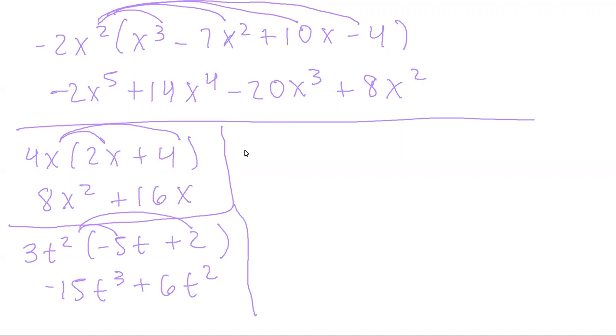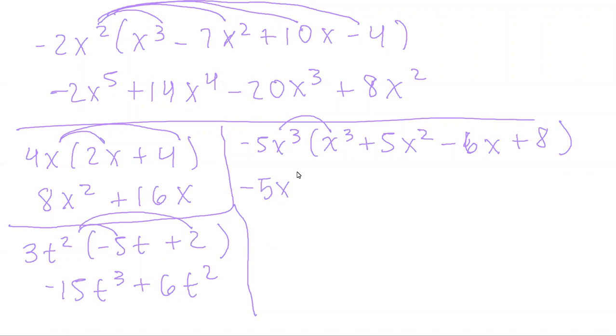All right, and lastly here I have negative 5x cubed times x cubed, and all this. Okay, so I'm going to distribute onto the x cubed, so I get negative 5x to 6.